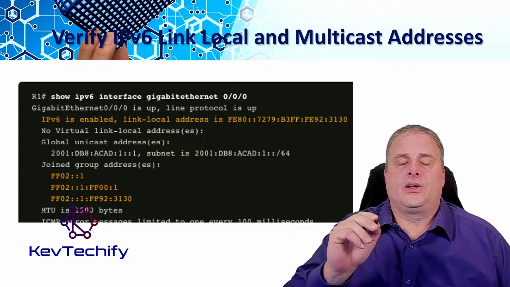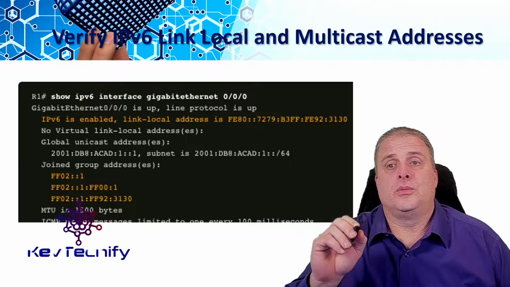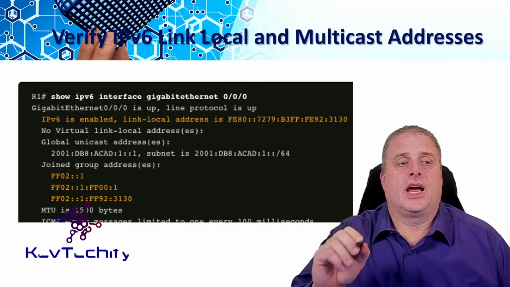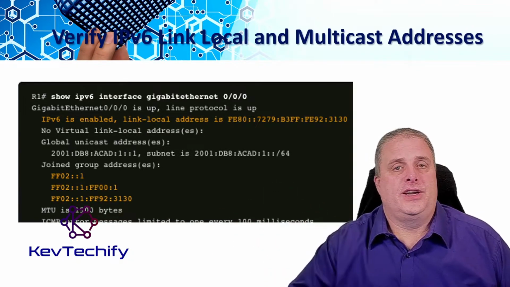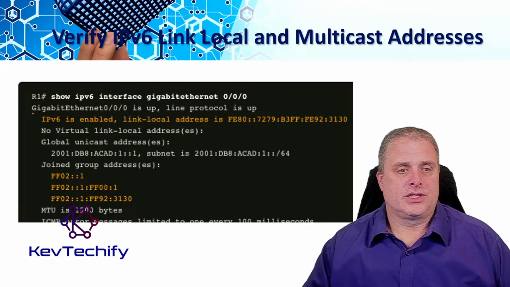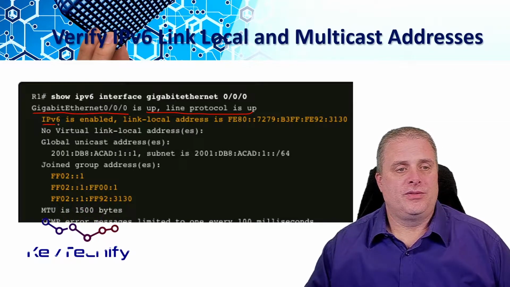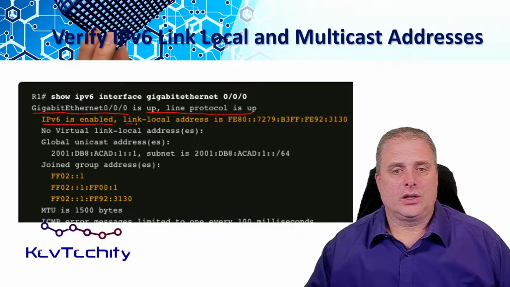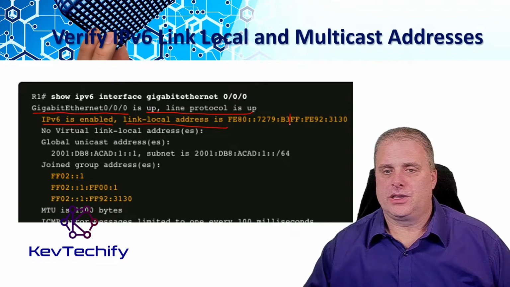When you want to verify all the IP version 6 addresses, the link local and the multicast addresses, use the show IPv6 interface command and then specify what interface you want to do. When you do that, we can see here that it gives us our interface, once again saying we're up and up. Then it says IP version 6 is enabled. Our link local address is here. We can tell that this is generated using the MAC address.